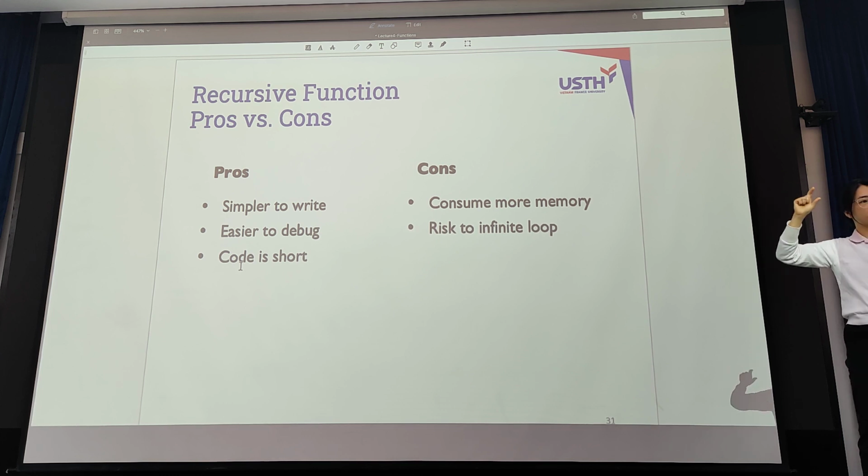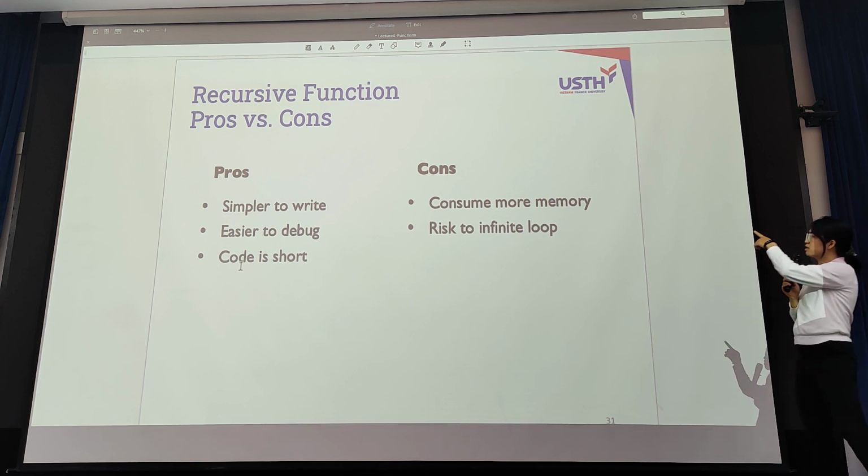And it's simple. It's simpler than the non-recursive. For non-recursive, in the previous example, you see you have to write several control flows with the while loop, and you have to compute again and again.